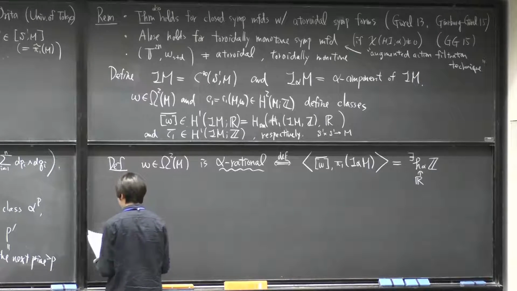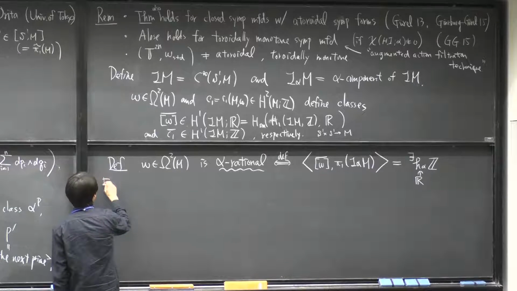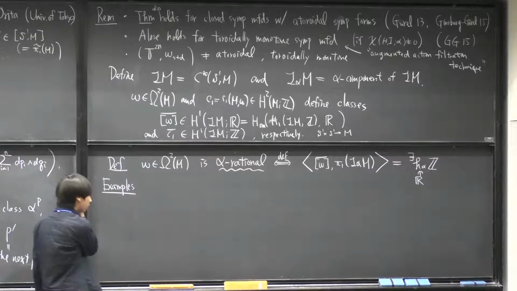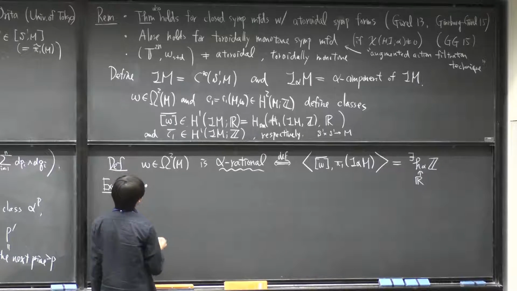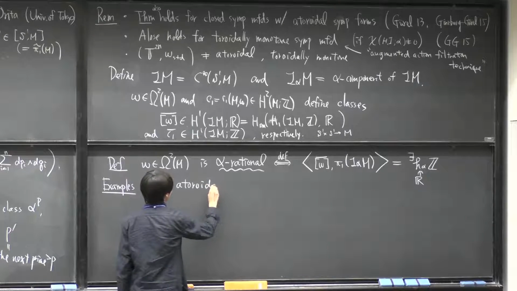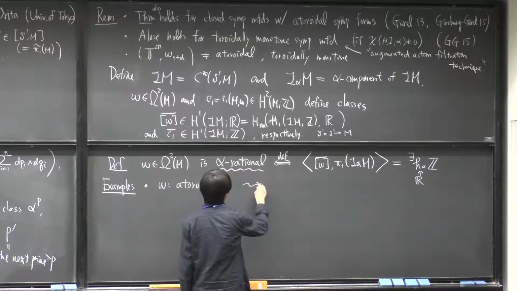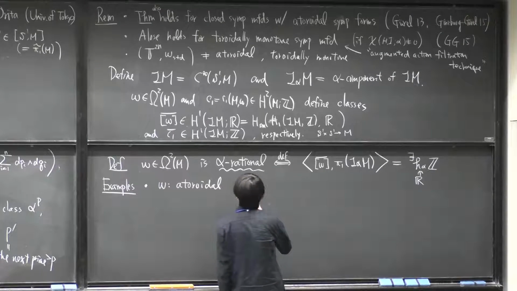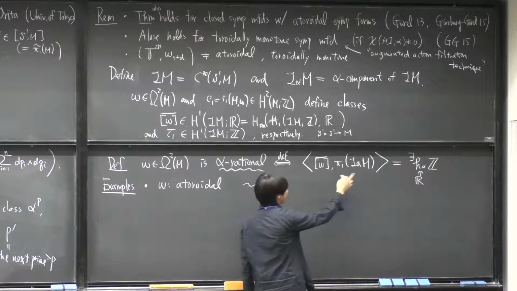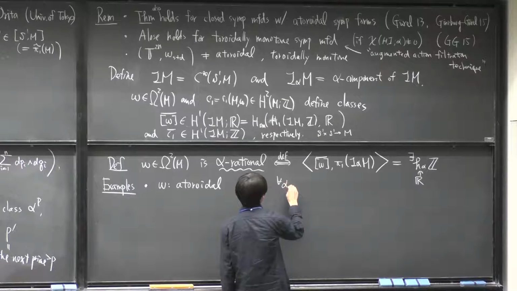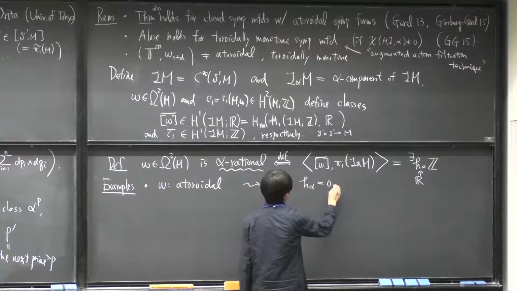Then there are many examples. At first, if omega is atoroidal, then for all alpha, omega is alpha-rational, because if omega is atoroidal, this group vanishes, the trivial group. So for all alpha, h_alpha is equal to 0.